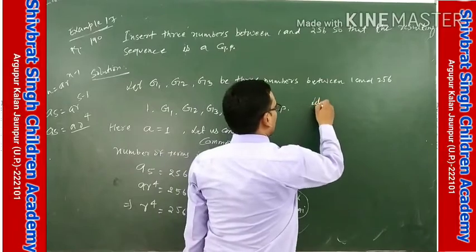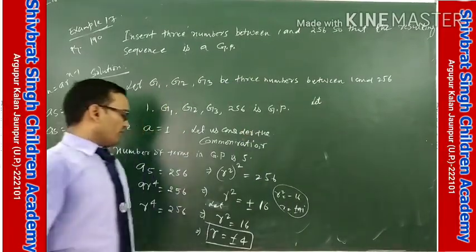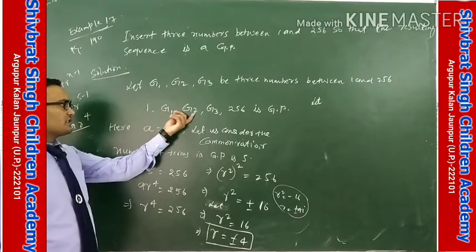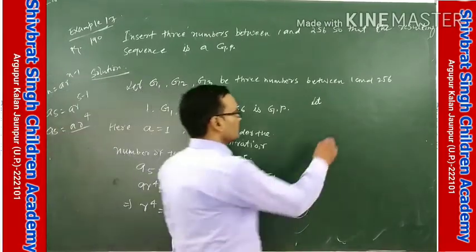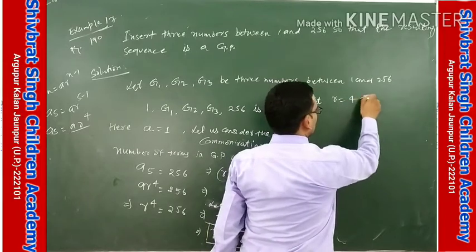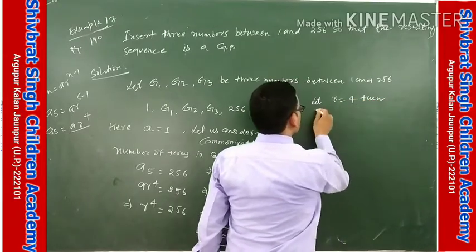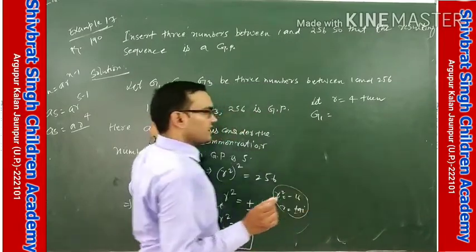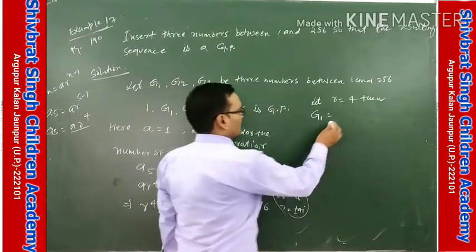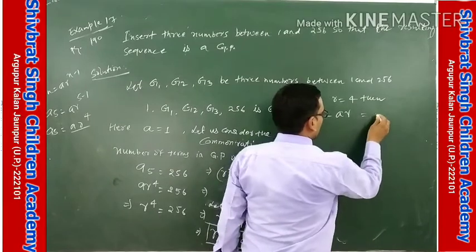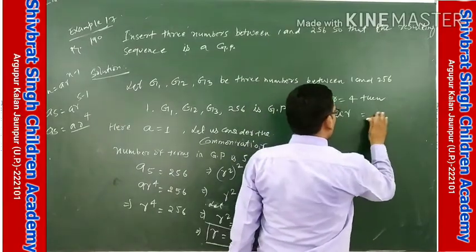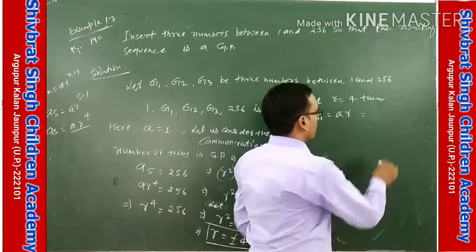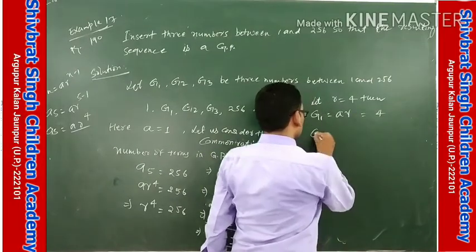Let r equal to 4, then find the value of G1, G2 and G3. G1 is the second term of this GP, ar. Value of a equal to 1 and value of r equal to 4. G1 equal to 4.